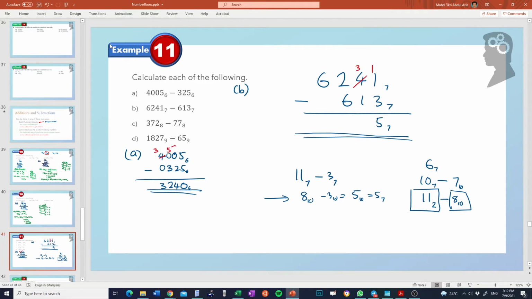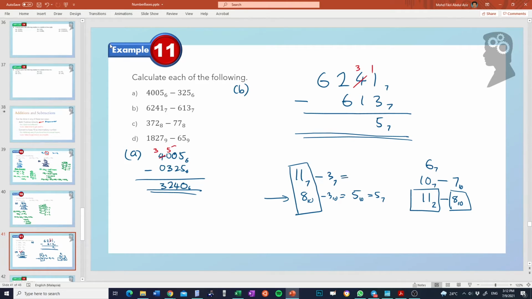8 minus 3 is 5. Okay? Because 11 base 7 is 8 base 10. Minus 3 base 7. 3 base 7 and 3 base 10 is the same value. Okay?